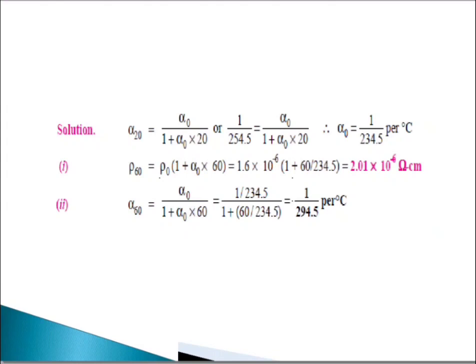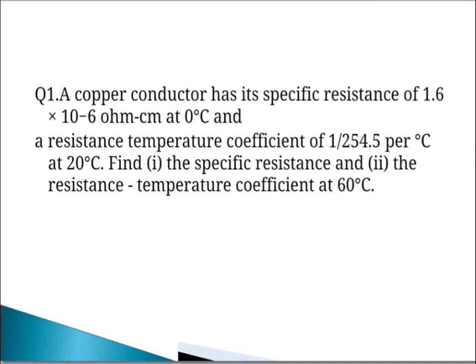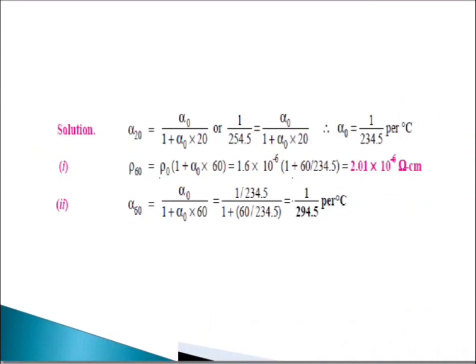Here alpha at 20 degree Celsius is given directly as 1 divided by 254.5 per degree Celsius, so we can use it in this formula and find alpha 0.